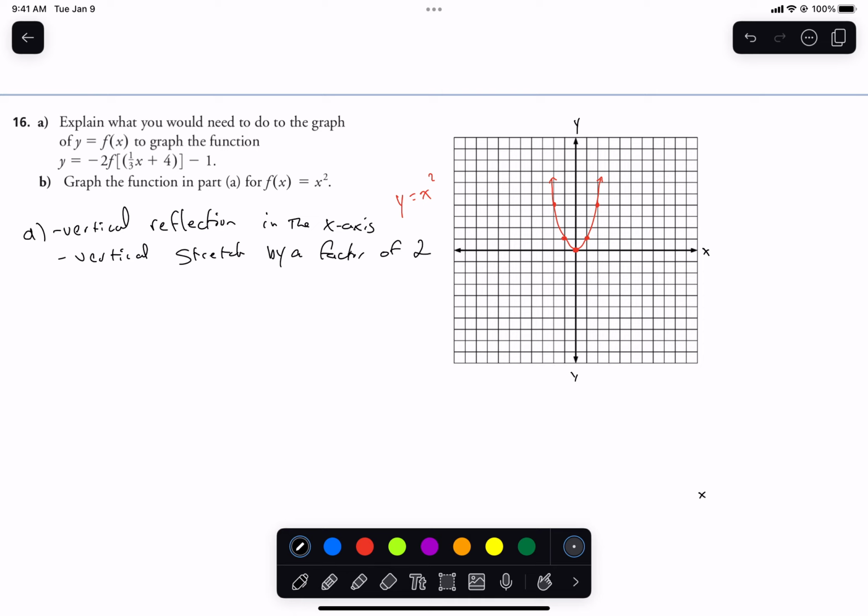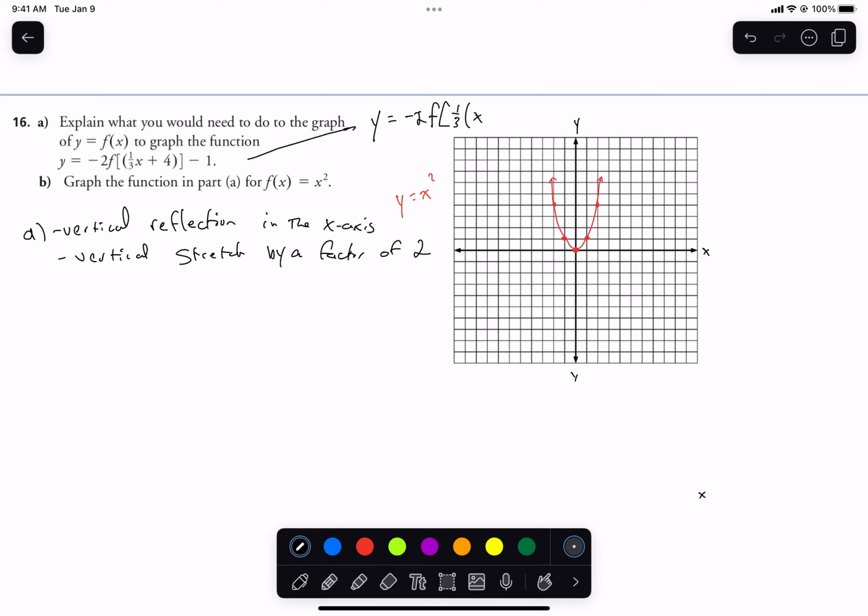So I'm going to shuffle this over here and rewrite this. It's negative 2 f at, now just be careful, I'll use the square brackets, 1/3 out front, and then x.